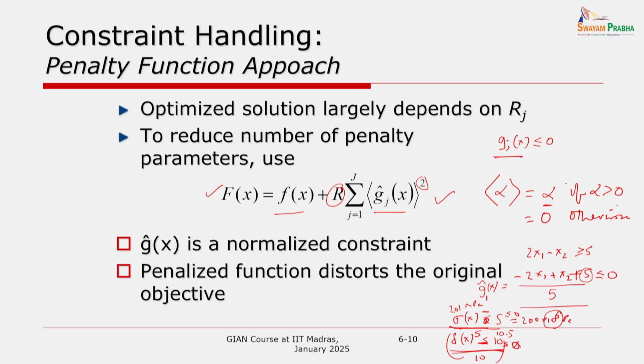If you put more R, you are giving more importance here, so you'll not get any infeasible solution, but you're not giving importance to minimizing F. If you give less R, you are giving importance to F, but not to constraint satisfaction. That's the problem when you combine things. We'll talk about this when we get to multi-objective, because many people try to combine multiple objectives into one, and they have these issues. All right, so that's the situation.